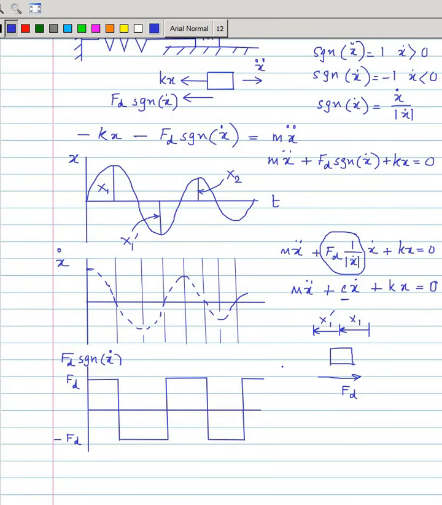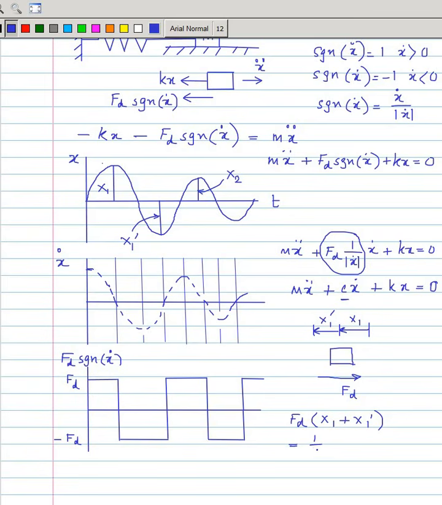So friction force is opposing the motion. And what is the amount of energy lost in friction? That is fd into x1 plus x1 dashed. This is the energy dissipated by friction. Here the velocity is 0, and here also the velocity is 0, so all energy is stored as potential energy in the spring.